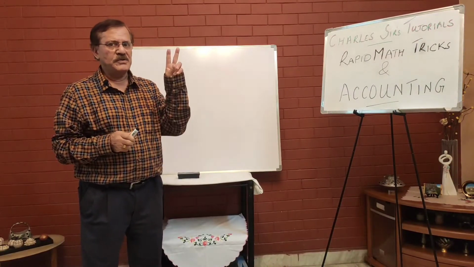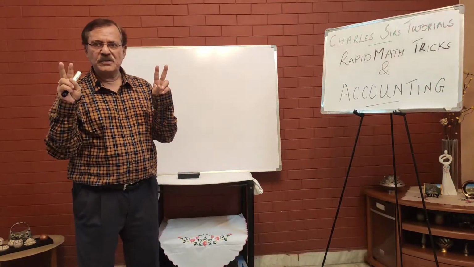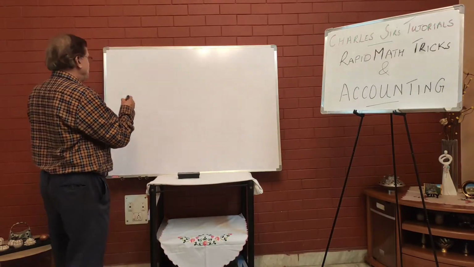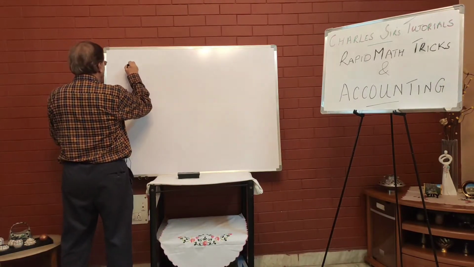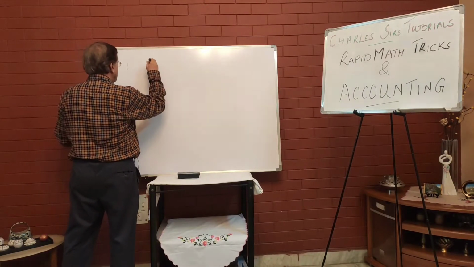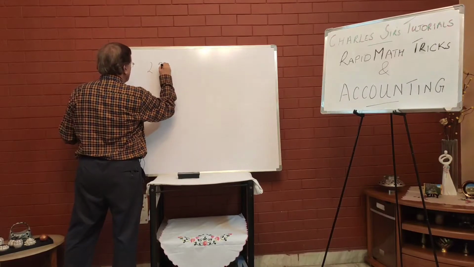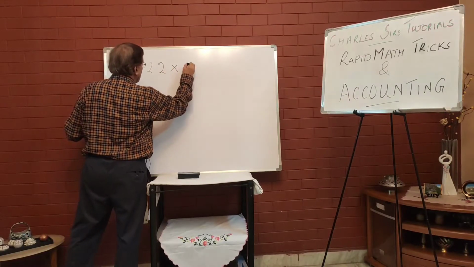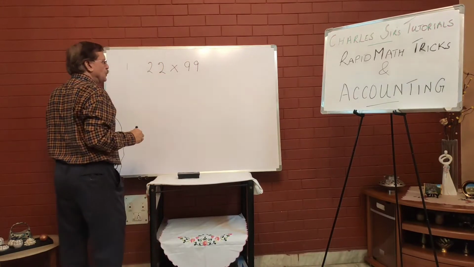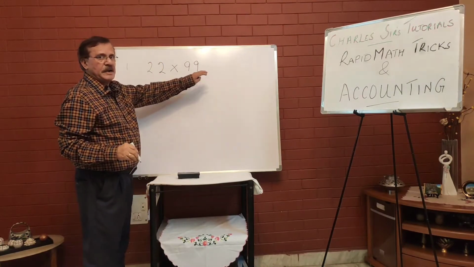So see the condition, 2 digits and 99, 2 digits. So this is the same, 2 and 2. The first question over here is, I'll take some random questions over here. And the question is 22 multiplied by 99, the condition, 2-digit number multiplied by 99.